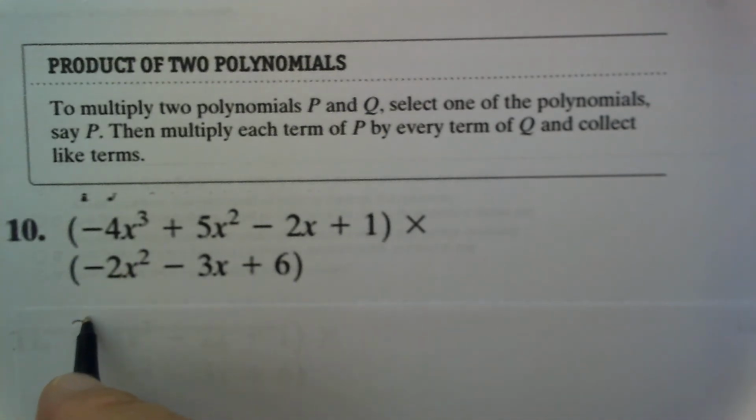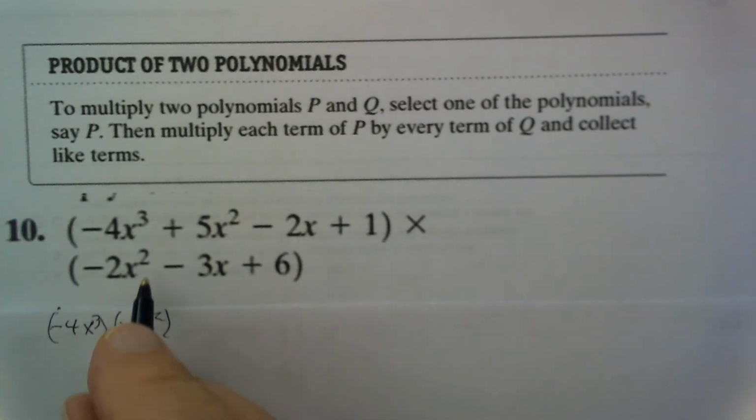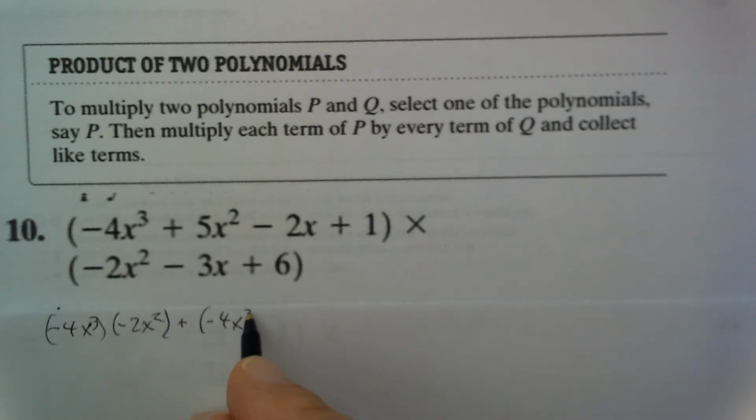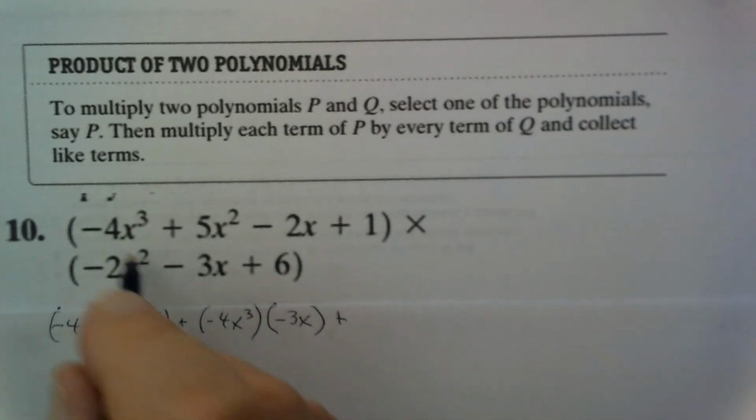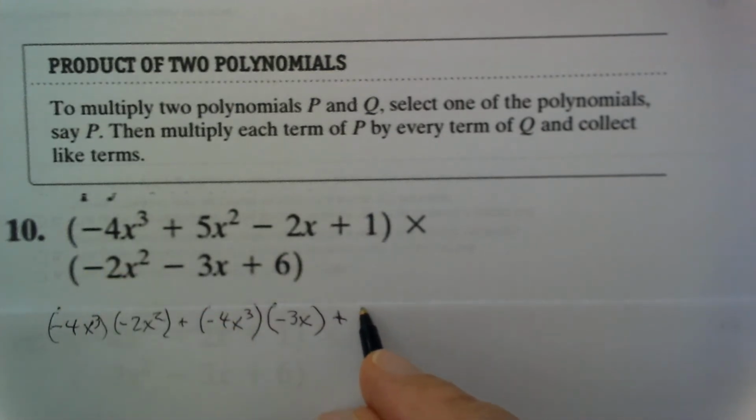So minus 4x to the third times minus 2x squared, and then minus 4x to the third times minus 3x plus minus 4x to the third times plus 6.